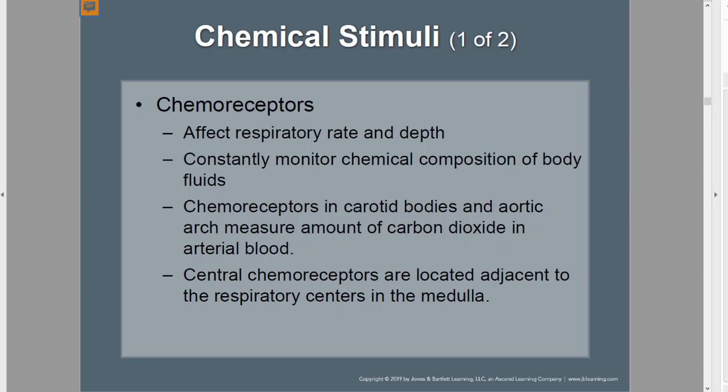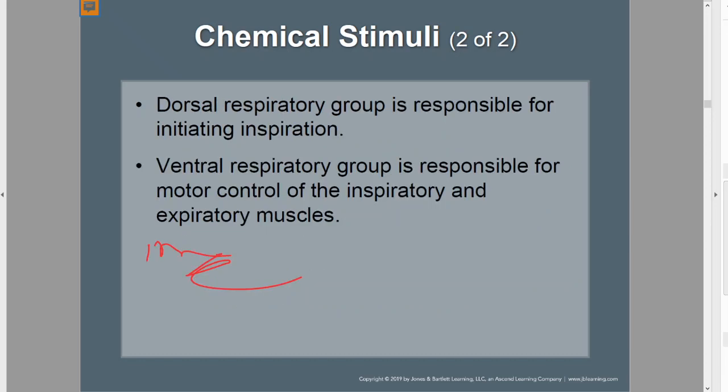Then we have your chemoreceptors, right? We've talked about those. They're in the carotid body, and the central chemoreceptors are in the respiratory center, in the medulla. We've already talked about what they do. Don't worry too much about this dorsal respiratory group.